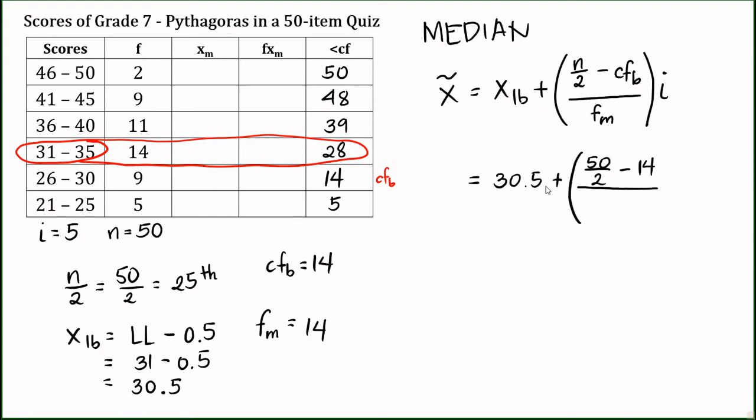Ayan. So, 14 din siya. Nagkataong 14. So, ito po yung f sub m para hindi kayo nalilito. Ayan. And then, lastly, yung i. So, ang i po natin ay 5.